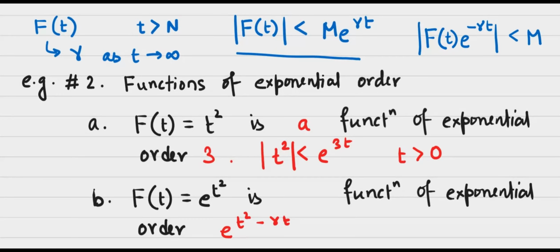If I multiply e to the power t squared by e to the power negative gamma t, then we get this number, and its absolute value gets bigger and bigger as t grows. So this goes to infinity as t goes to infinity.